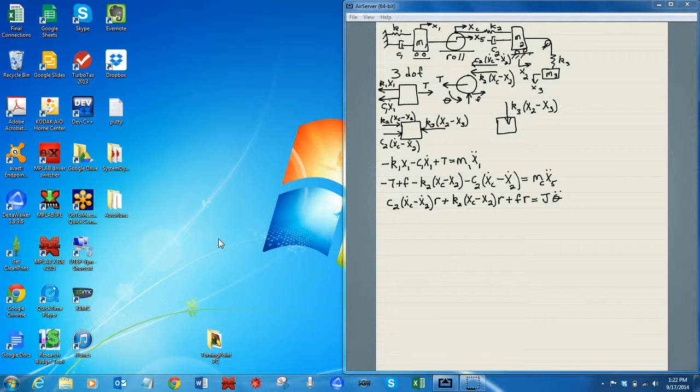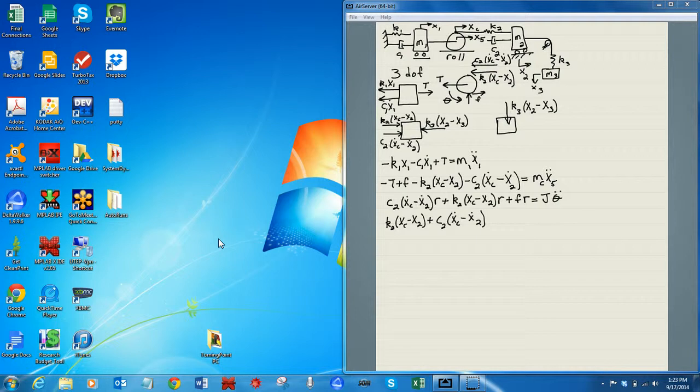Next, I have another mass, mass 2, so we'll sum forces on that one. To the right is positive, so I start off with a positive K2 (xc minus x2). Then I also have a positive damper, C2 (xc dot minus x2 dot).